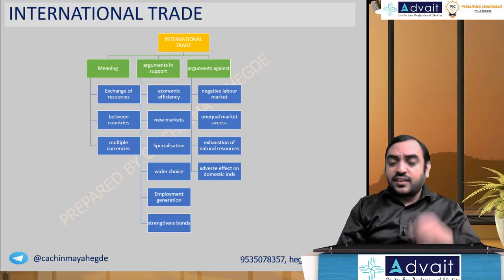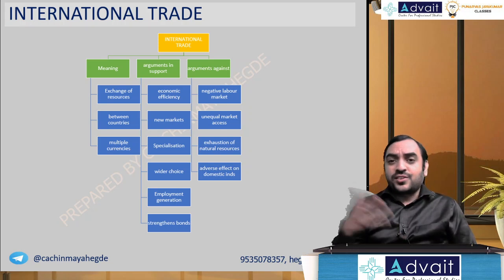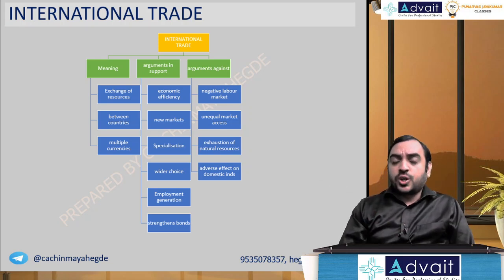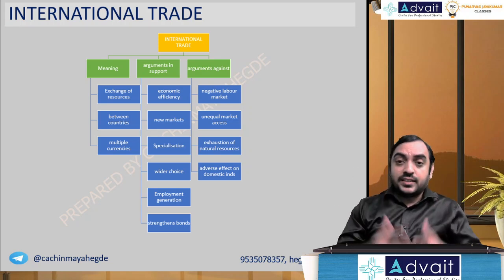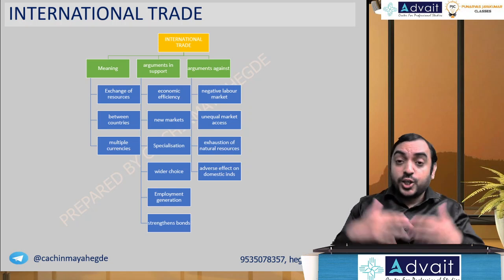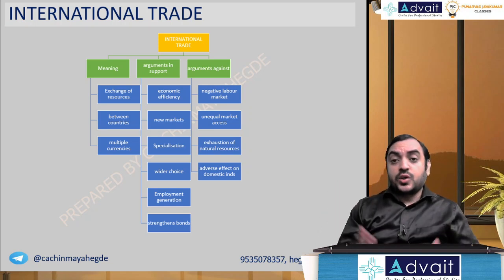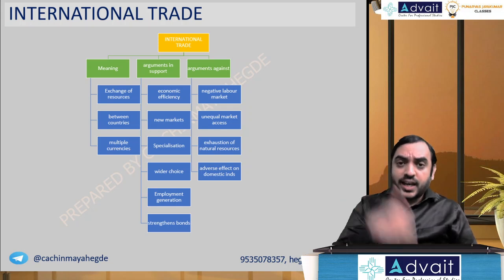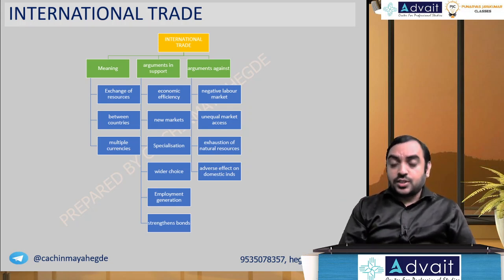Now you mostly trade online, right? You go and purchase, and the kirana shops are almost closed. Many things are getting closed. They cannot compete with the big giants like Amazon, Flipkart, Big Bazaar. So international trade, globalization has that impact.